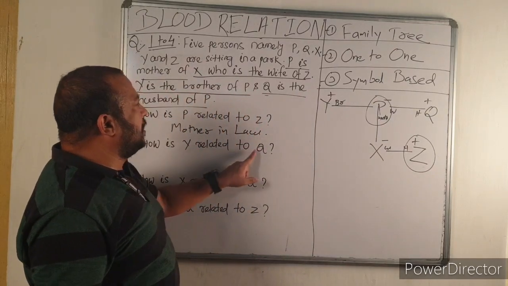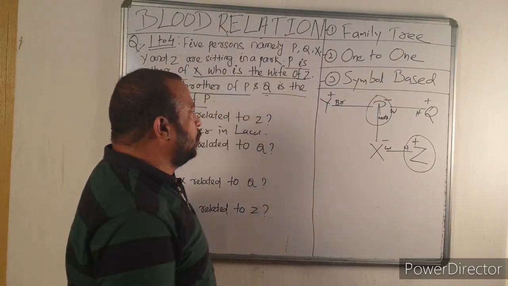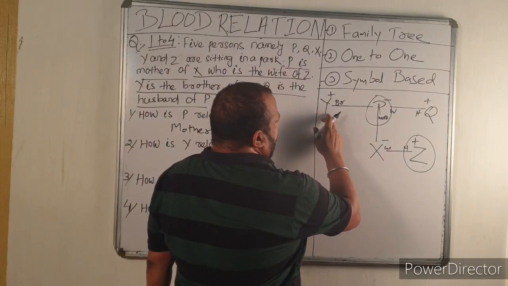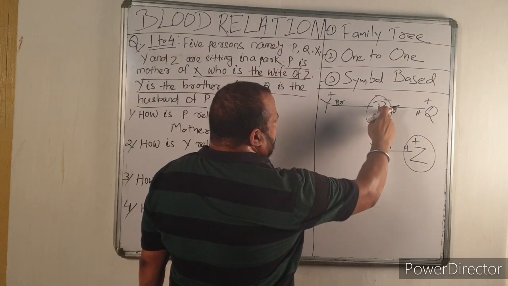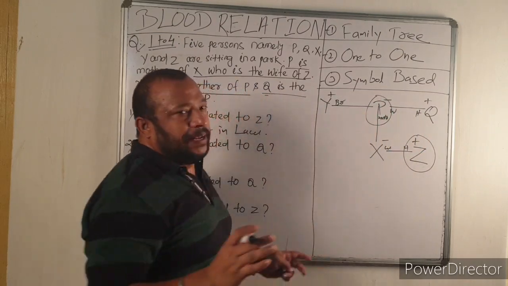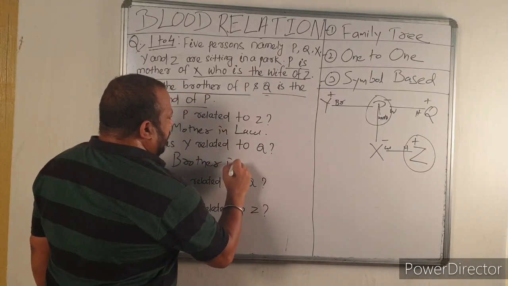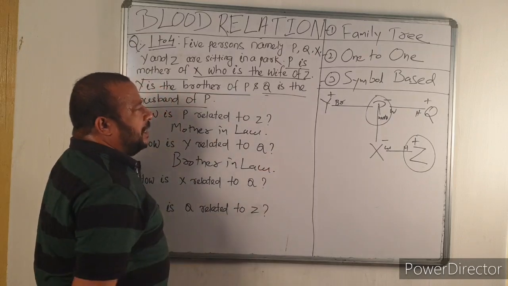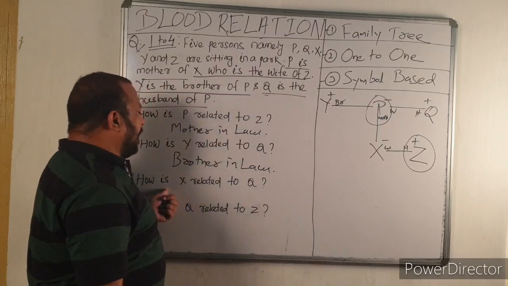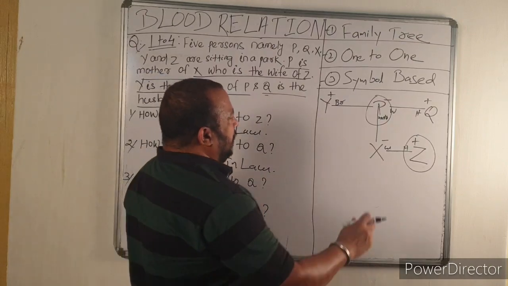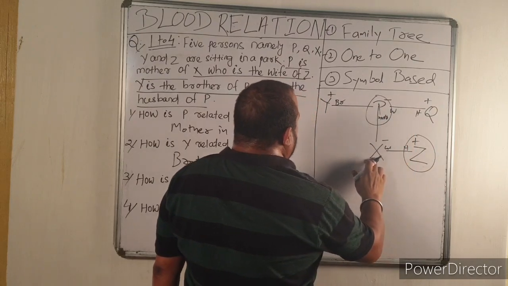Then how is Y related to Q? Y and Q. This is wife's brother. Wife's brother is brother-in-law. Then next, how is X related to Q? X, Q. Wife's daughter.